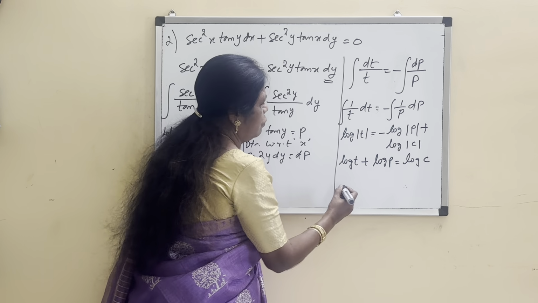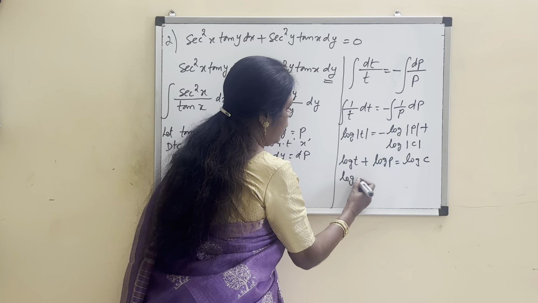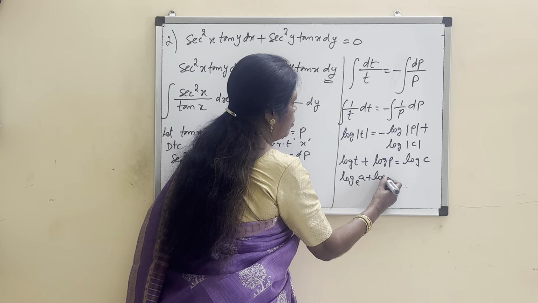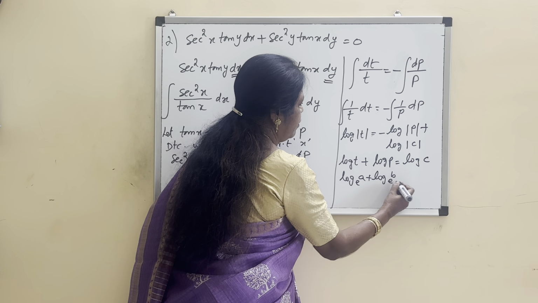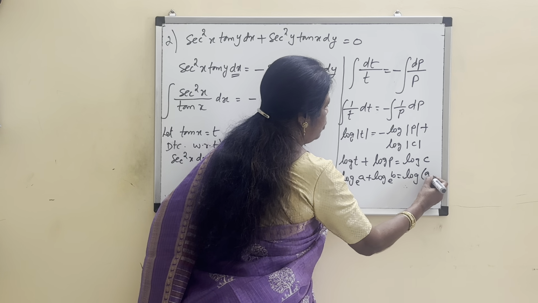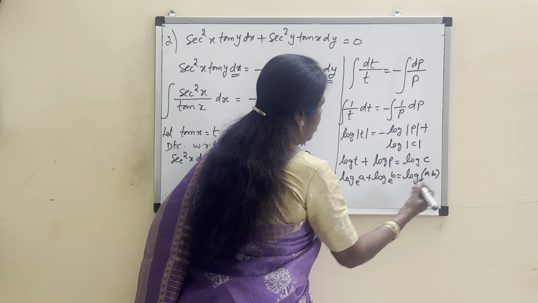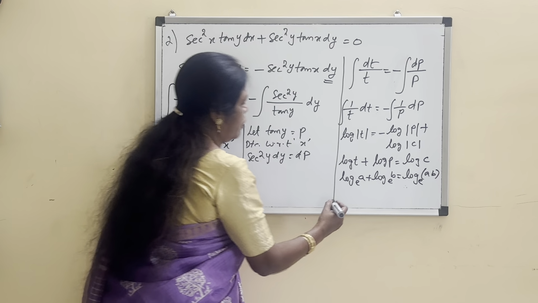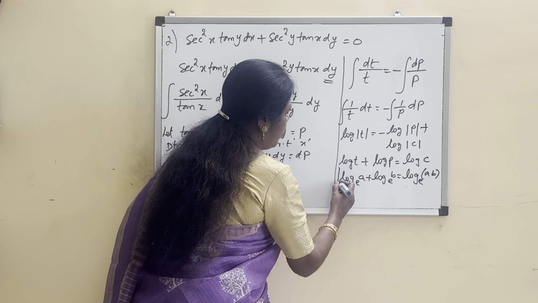So the formula is log a base e plus log b base e is equal to log of a into b base e. This is the formula.